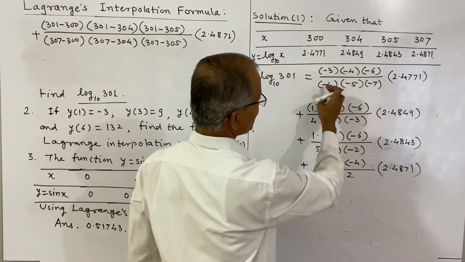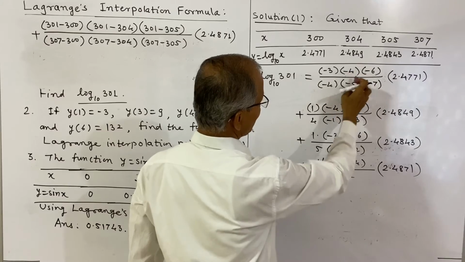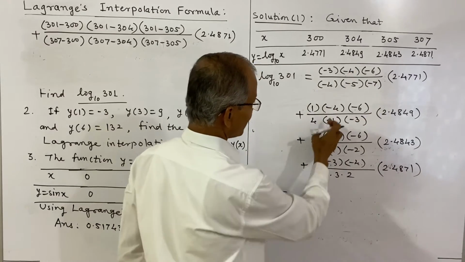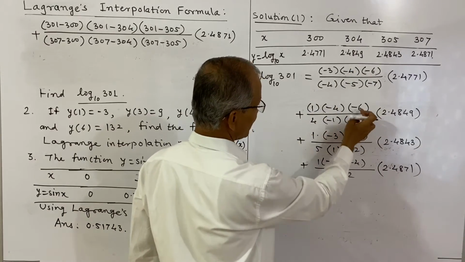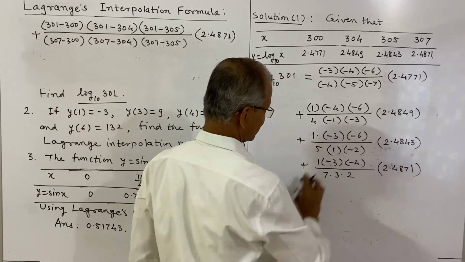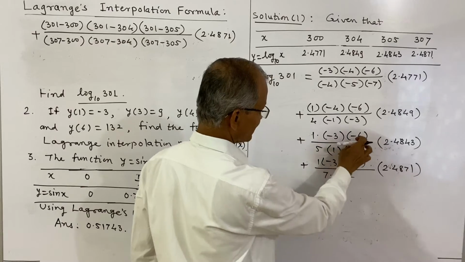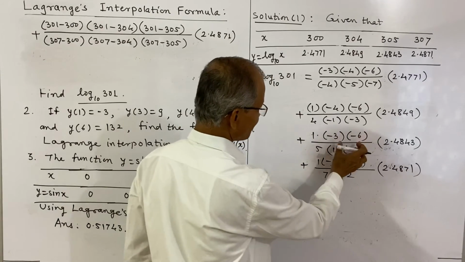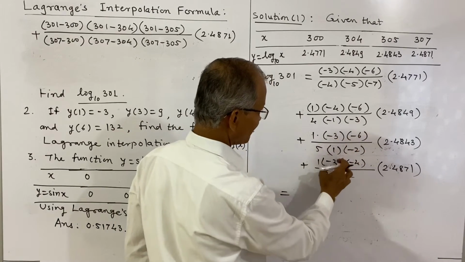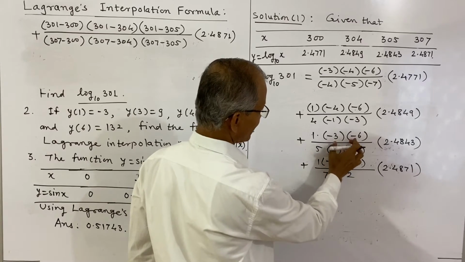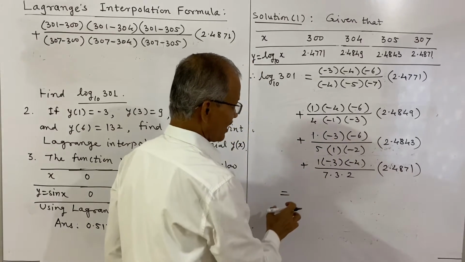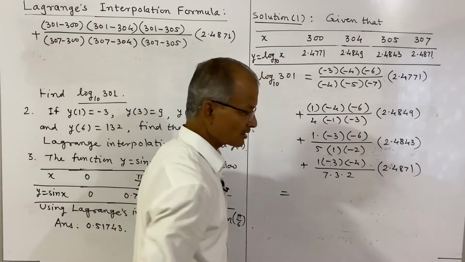Here also the term is positive, it is negative divided by negative, and 4 cancels, here 3 cancels, 6 gives 2, so 2 times this is the value. And next this can be simplified, 2 divides 6 gives 3, and the sign here will be negative because it is positive divided by negative, and for the last it is positive.